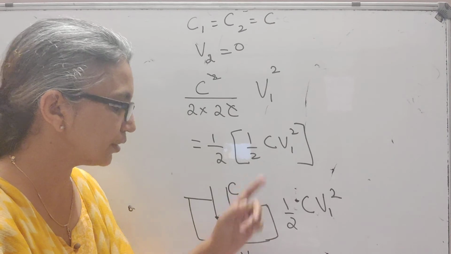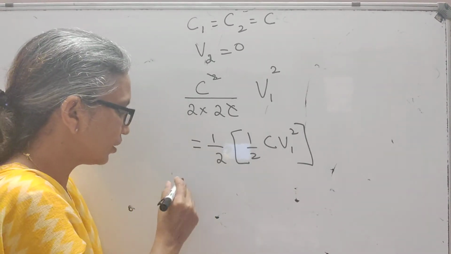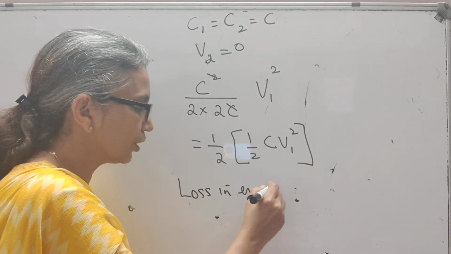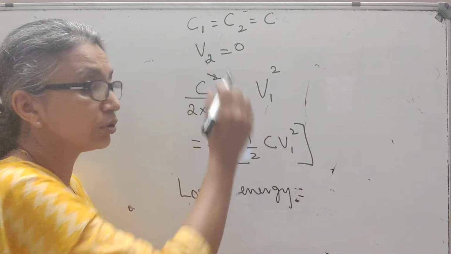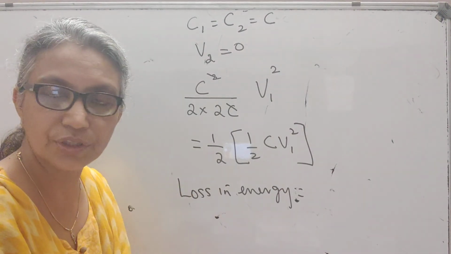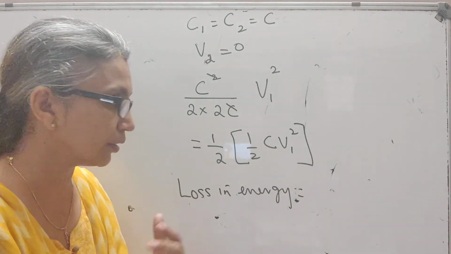So we have this as the initial energy, and we may write the loss in energy in the special case where both of them have the same capacitance and the second one was not charged. Initially the second one was not storing any charge, and then you connect the two in parallel.